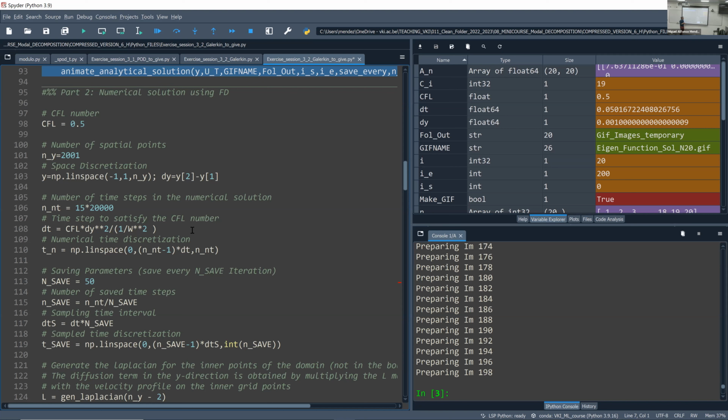Okay, so in a discrete way, our velocity profile is, guess what? A vector. If I use 2000 points, it's a vector moving in a 2000 dimensional space. And with the POD, what we are trying to do is look for a subspace. Let's say if I use only 2 POD modes, it would be like a plane.